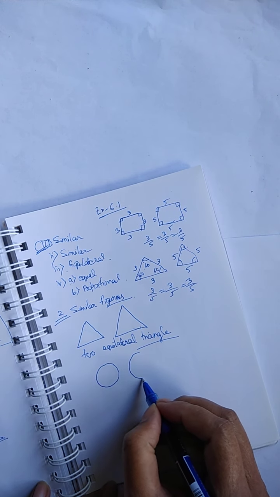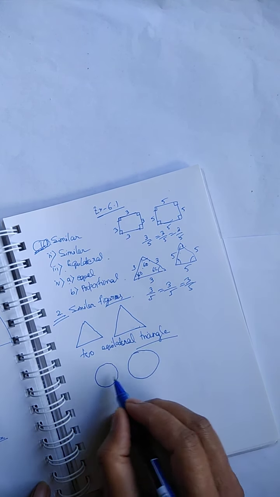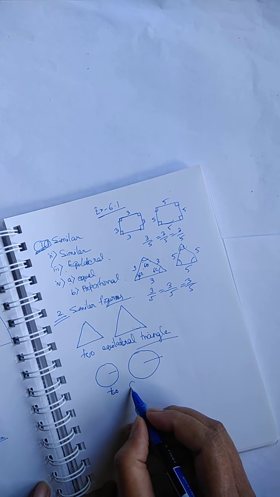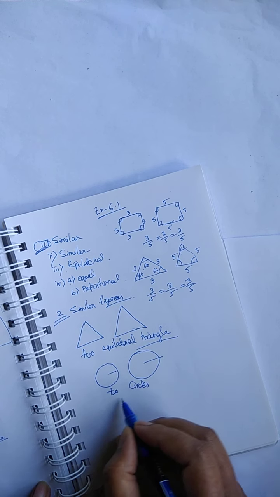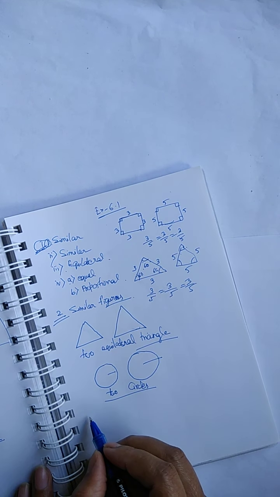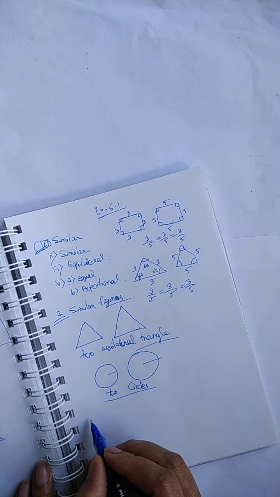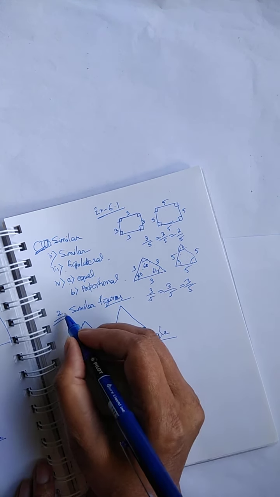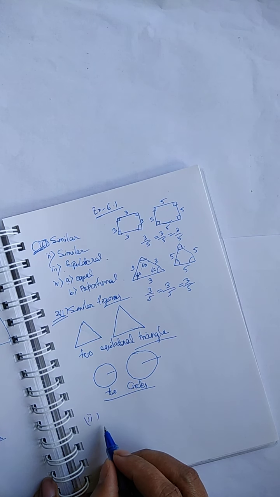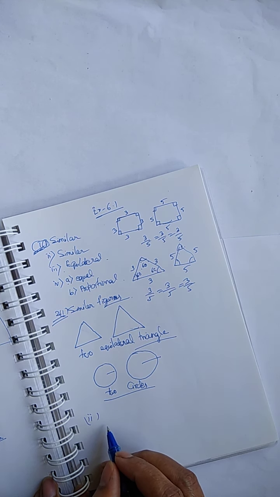Another example is circles. Even if they have different radii, two circles are also similar. Now the second part: they are asking about two non-similar figures.